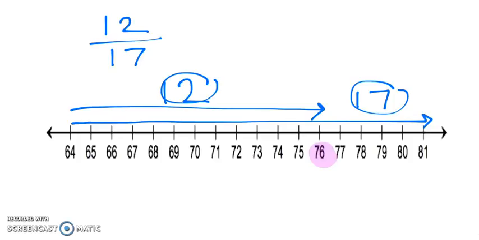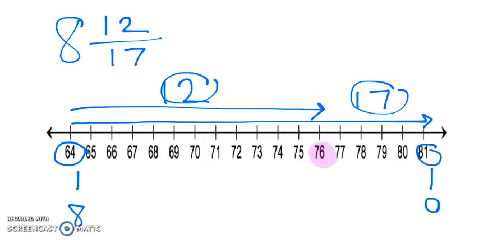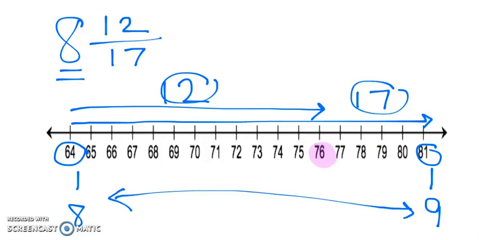We now know that the square root of 76 would be about 8 and 12/17. If you remember, we got 8 from the square root of 64 is 8. The square root of 81 was 9. It lies between 8 and 9, so we know it's going to be 8, and it lies 12/17 of the way.